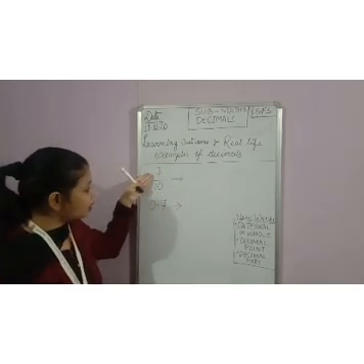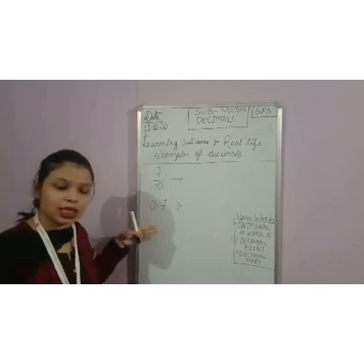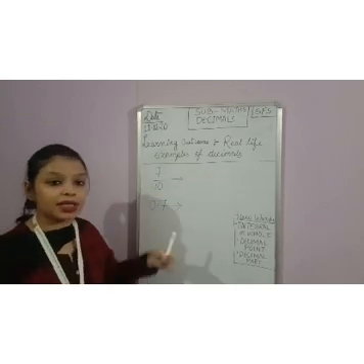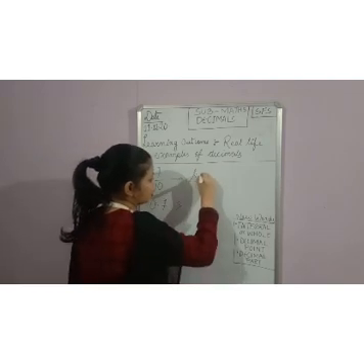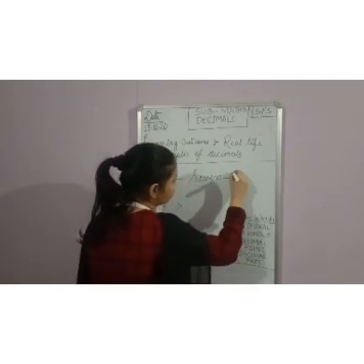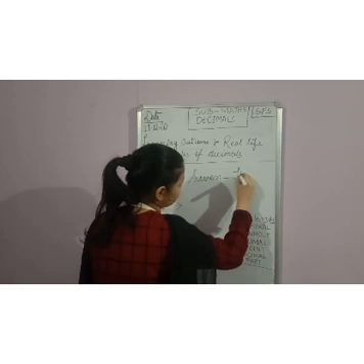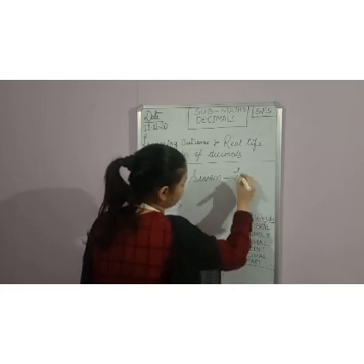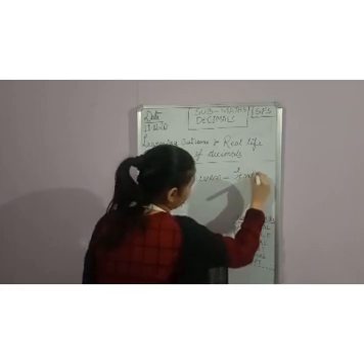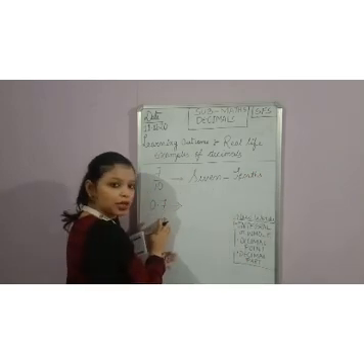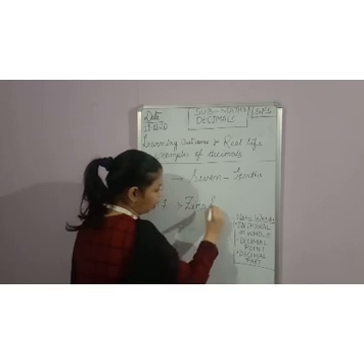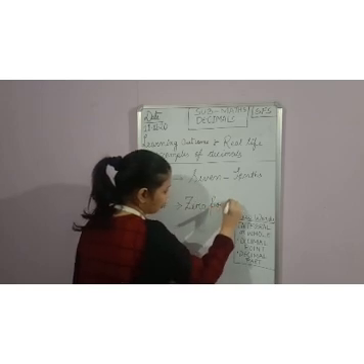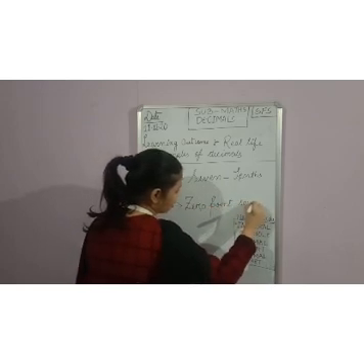Now after converting this fraction into decimal, how do you write it or how do we read it? This one we read as 7 tenths. And how do you read this? It is 0.7.